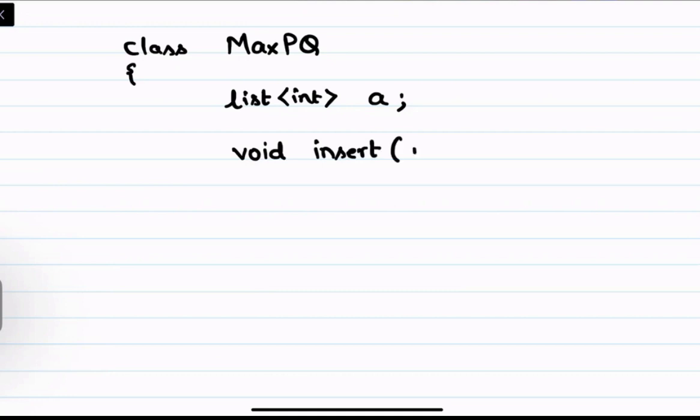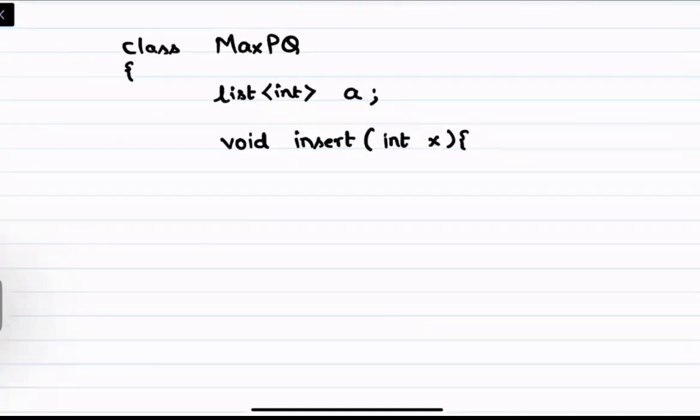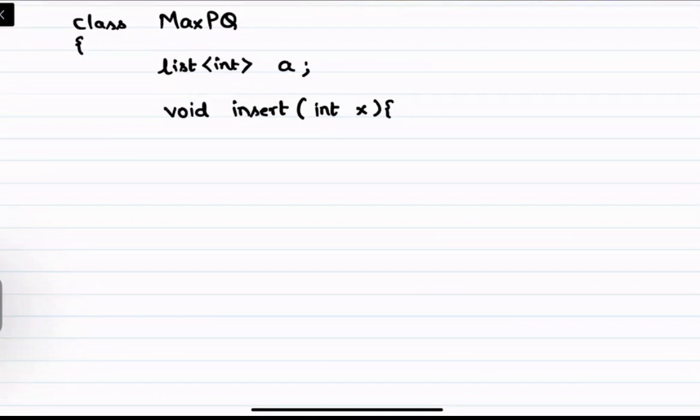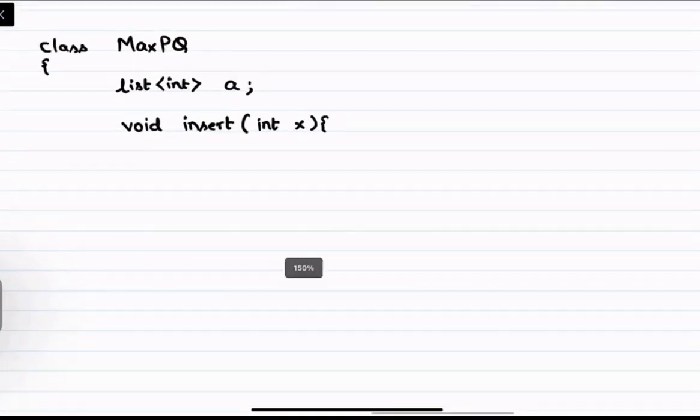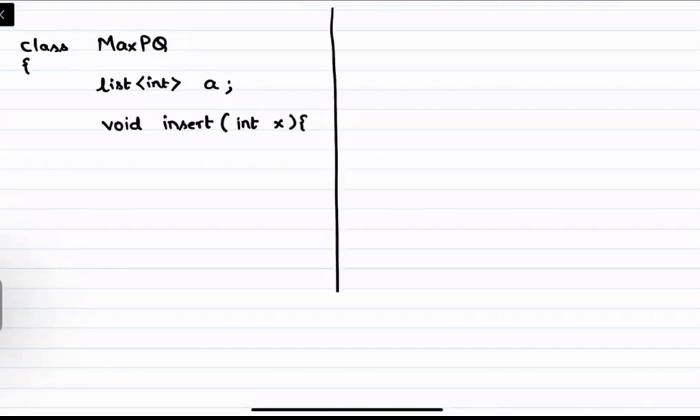insert, then the next function you want to implement is get max. I'm writing it side by side so that implementing them becomes easy. We can call this function just get, because we are already calling the class max PQ.